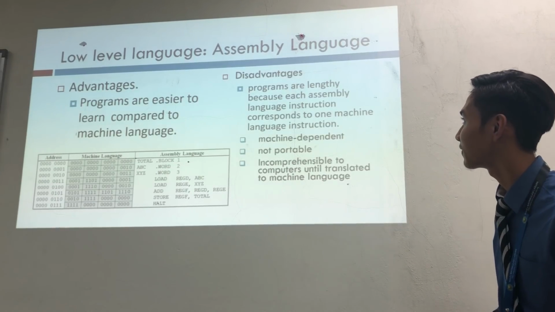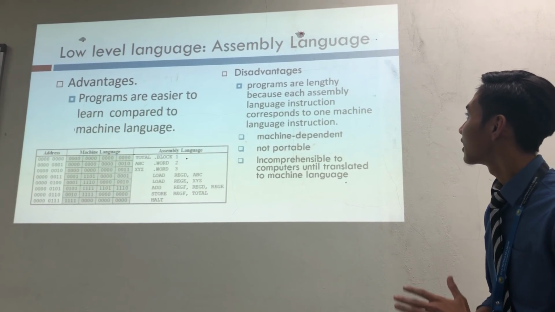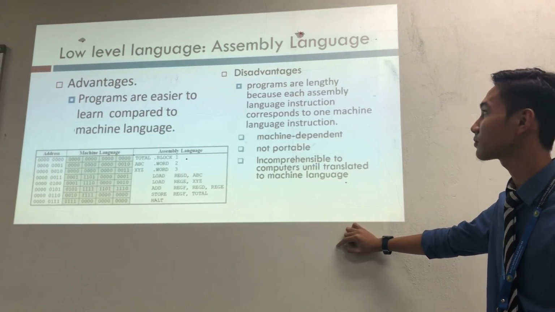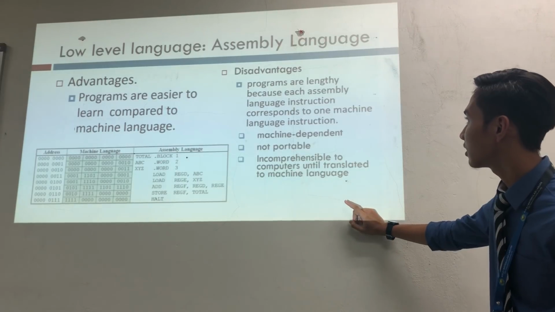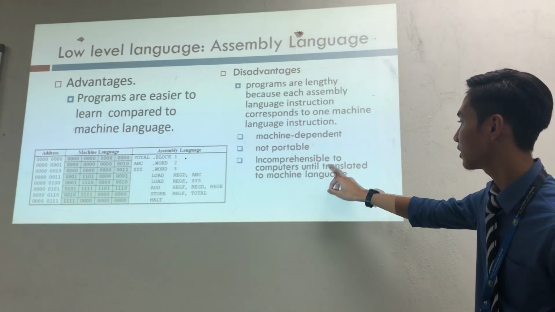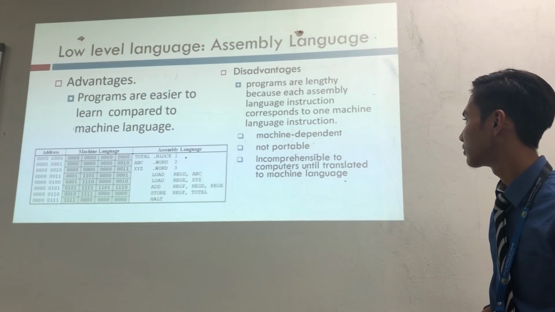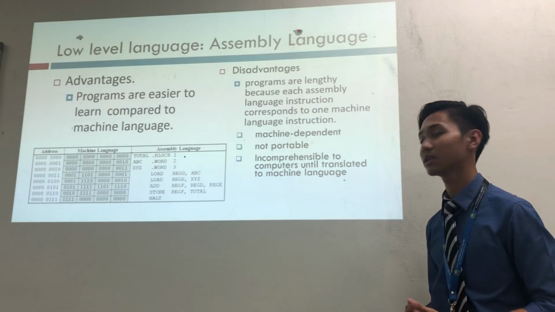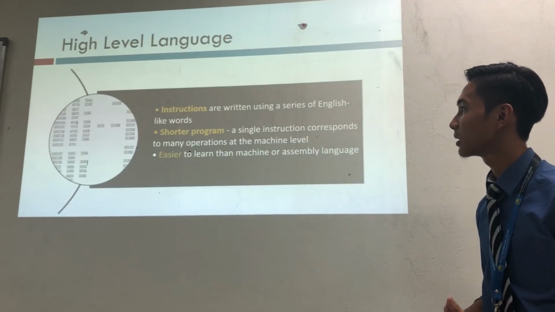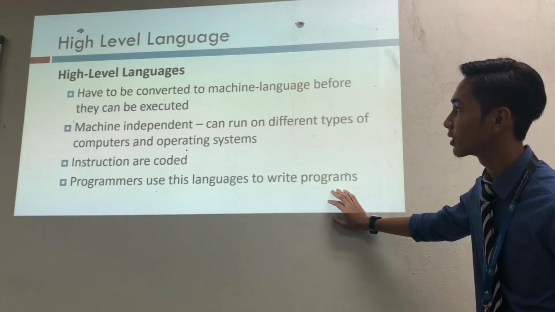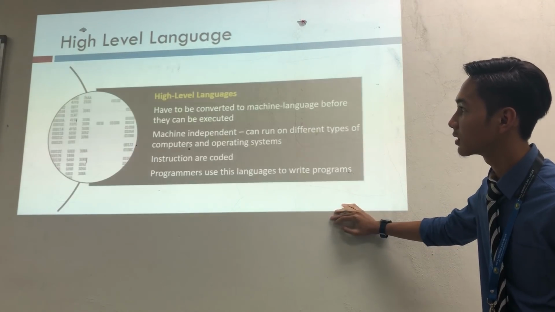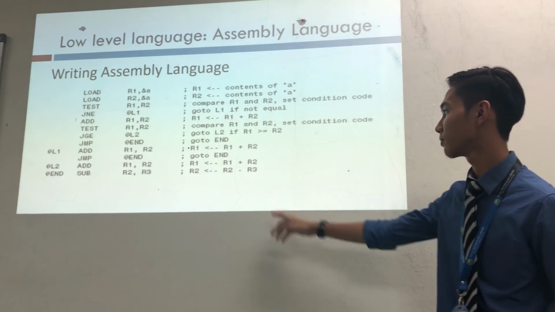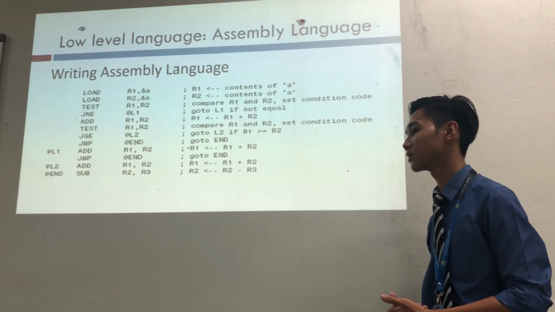For the disadvantage, as with machine language before, it is lengthy and machine dependent, not portable, and incomprehensible to computers until translated to machine language. So this is an example of writing assembly language. There are some words that have been updated.